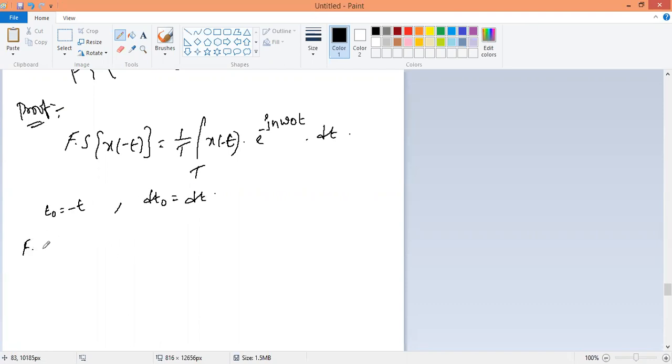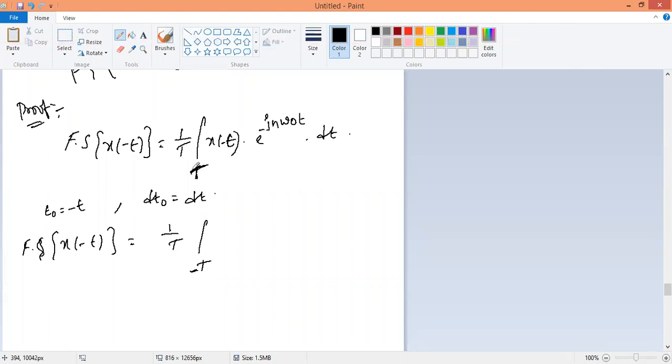Next, the Fourier series of x of minus t equals 1 by T integral T. Here, if t naught equals minus t, the limits will also change.